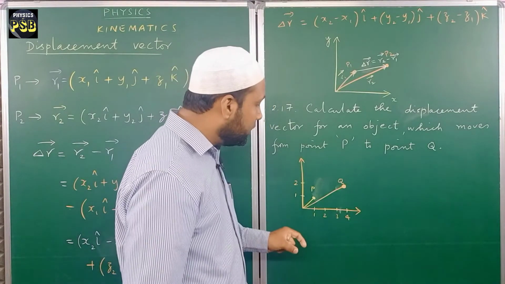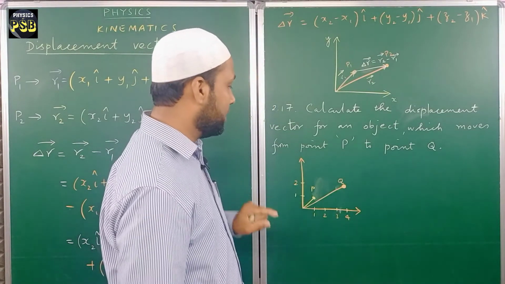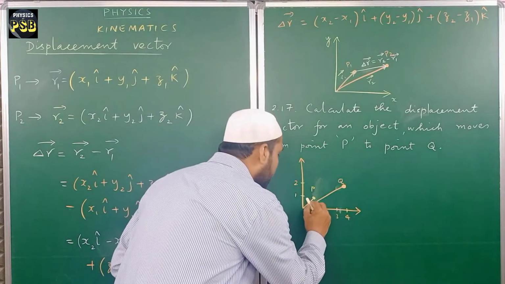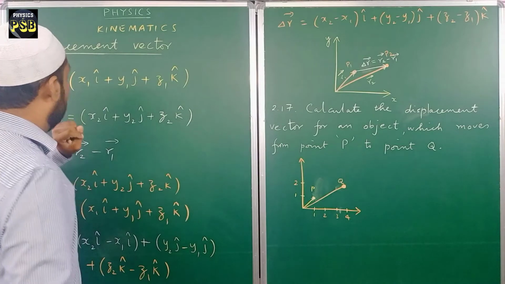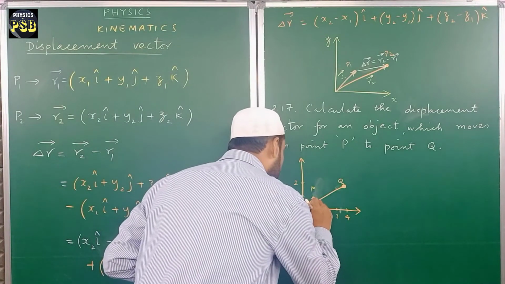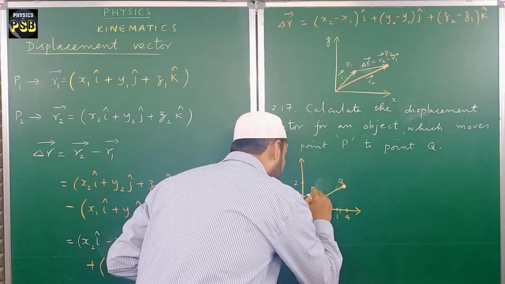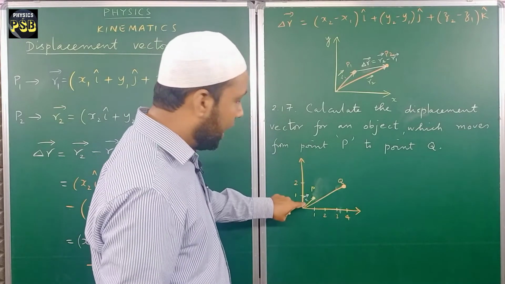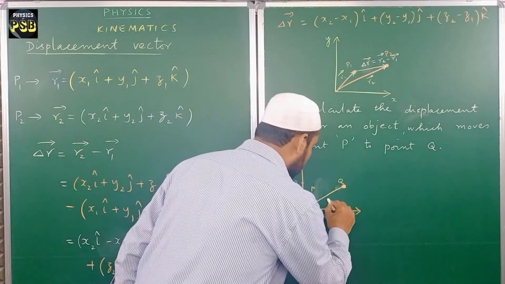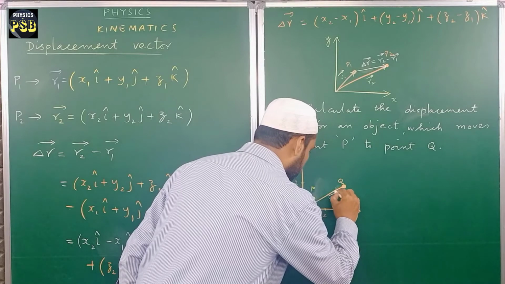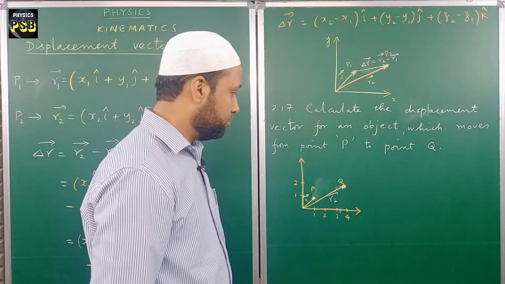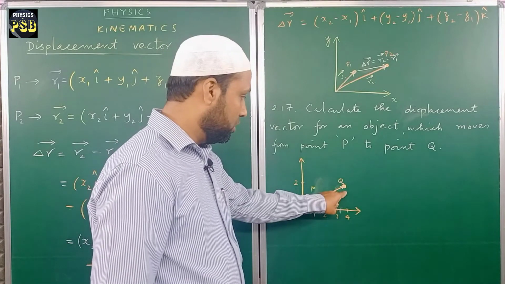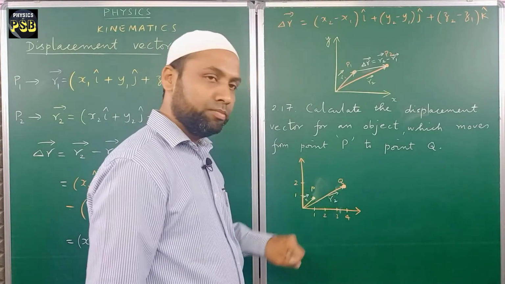let me show you how to get the displacement vector here. Here this line represents a position vector shown by letter R1 vector, and this gives me the position of the object at a given time.